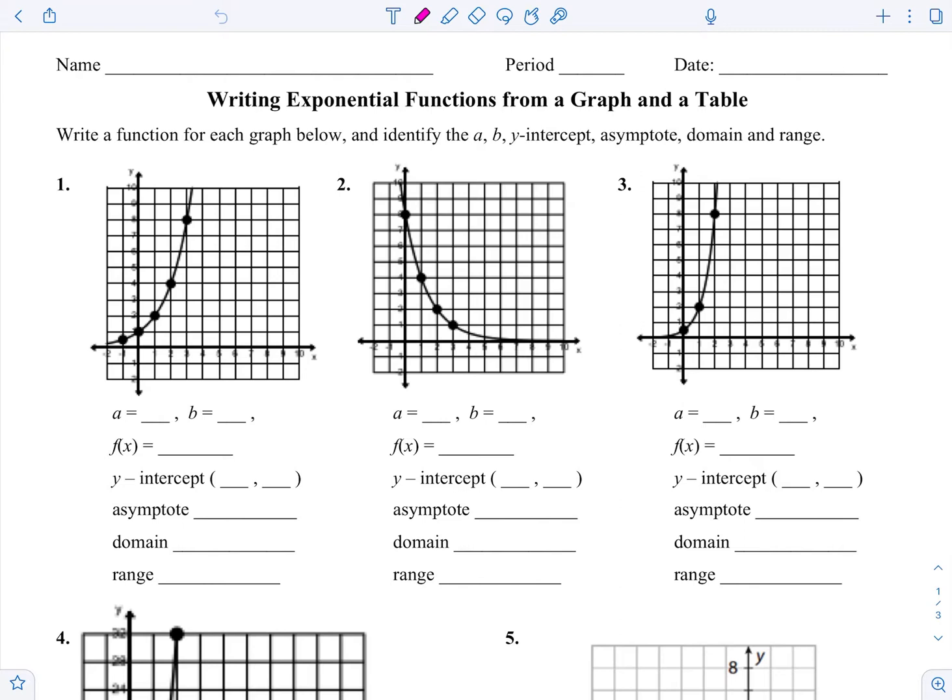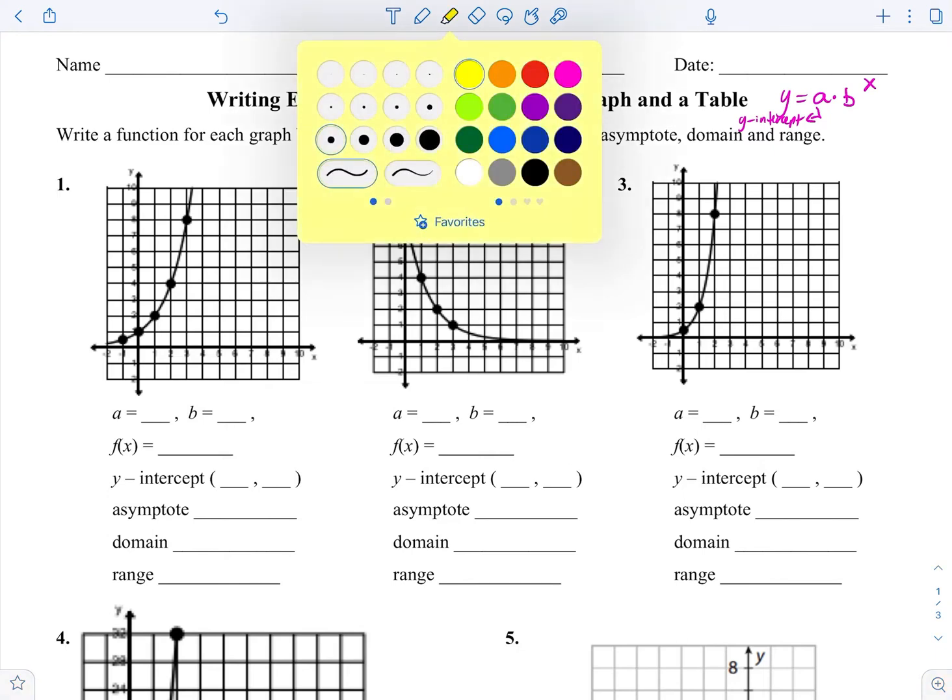First off, let's recognize that exponential functions are written in the form y equals a times b to the x. All right, where we already said in our notes that a represents our starting number. For graphs, we want to think about the y-intercept when we're talking about graphs.